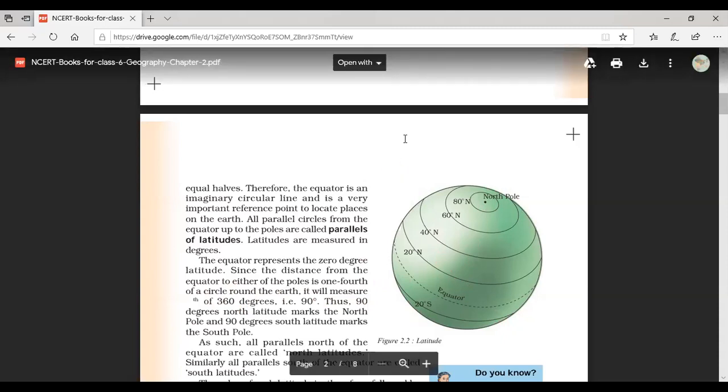If we take 1/4 of 360, what would it be? It would result in 90 degree.